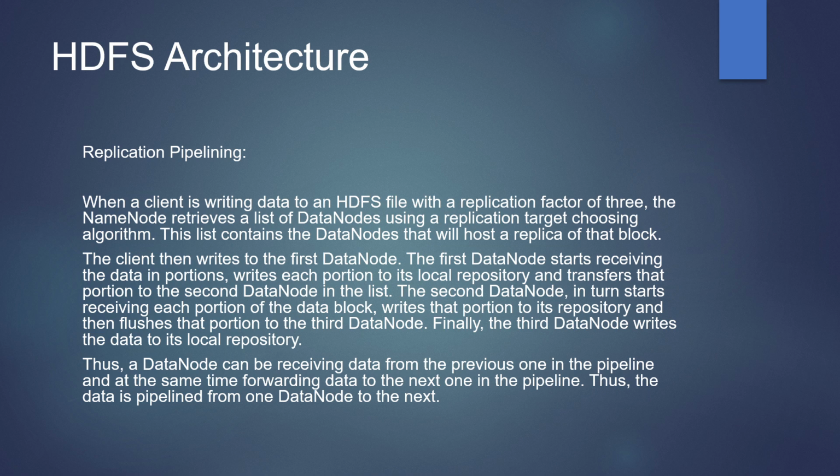Finally, the third data node writes the data to its local repository. Thus, a data node can be receiving data from the previous one in the pipeline and at the same time forwarding data to the next one in the pipeline. Thus, the data is pipelined from one data node to the next one.